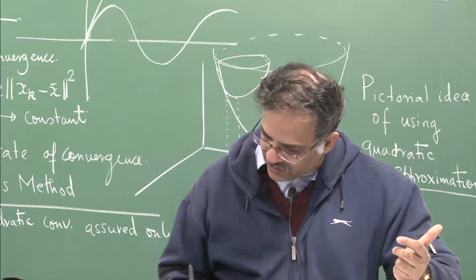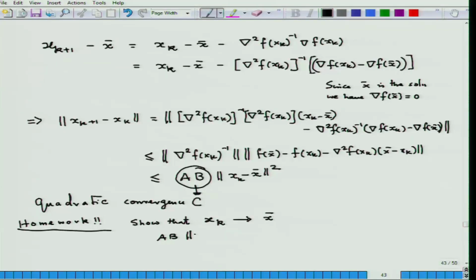I tell you the condition is that if I have a b into norm of x naught minus x bar, where x naught is the starting point, if this is strictly less than 1, then I will have a convergence. So, if x naught is within such a distance from the actual solution, then x k, the pure Newton iteration points, will go and hit x bar.